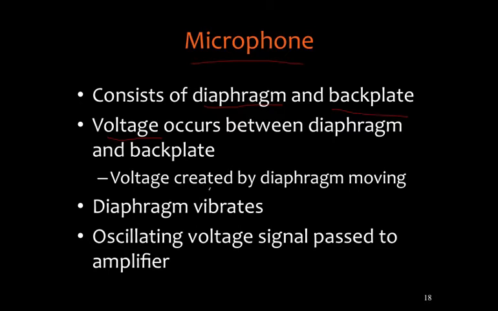And so when the diaphragm moves, that generates a voltage, and then that voltage is passed on. That changing voltage is then sent to the amplifier, where it now does something else with it. It converts it to binary code in digital cases, and if it was a straight up analog hearing aid, it would just add energy to it in a much simpler type of processing.